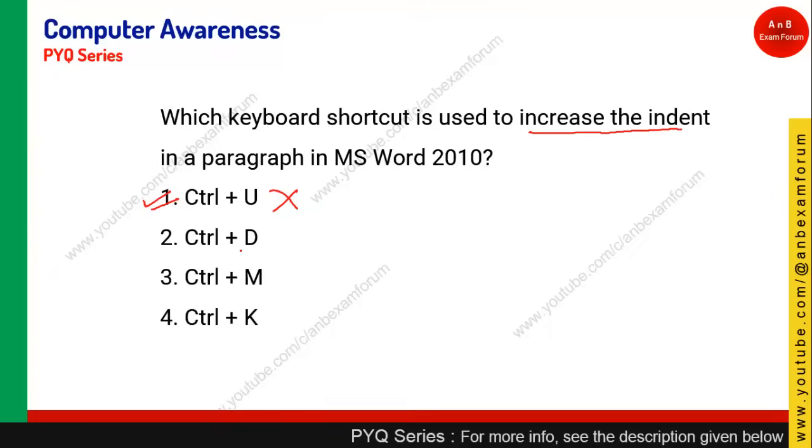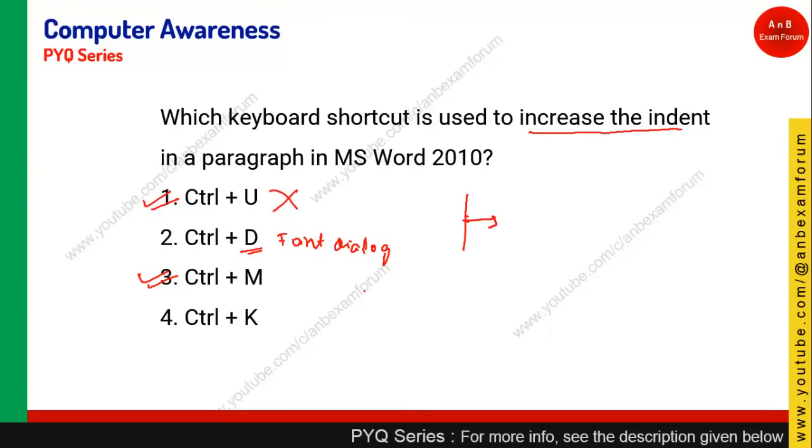What about D? Can anybody tell? Yes, it is for the font dialog box. If you press Control D, you will have the font dialog. Whereas Control M, yes, Control M is used to increase the indent of the paragraph. Suppose your paragraph starts here, you press Control M, it will increase the indentation.